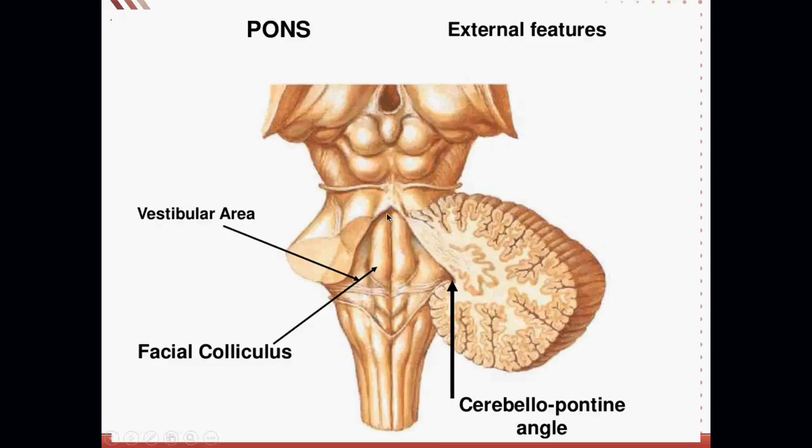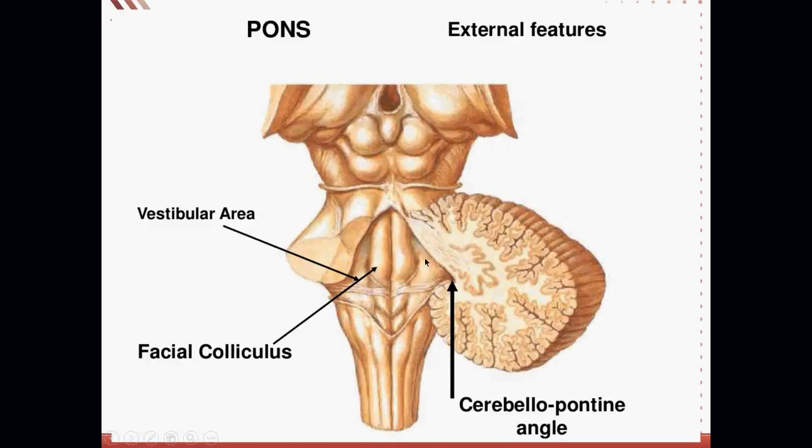So here the posterior surface of the Pons is triangular in cross section, and on each side of the median area there is an elevated part. It is known as the facial colliculus.